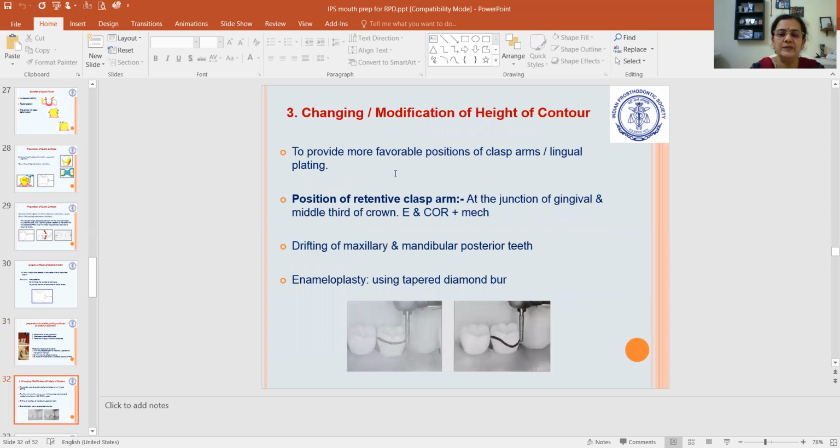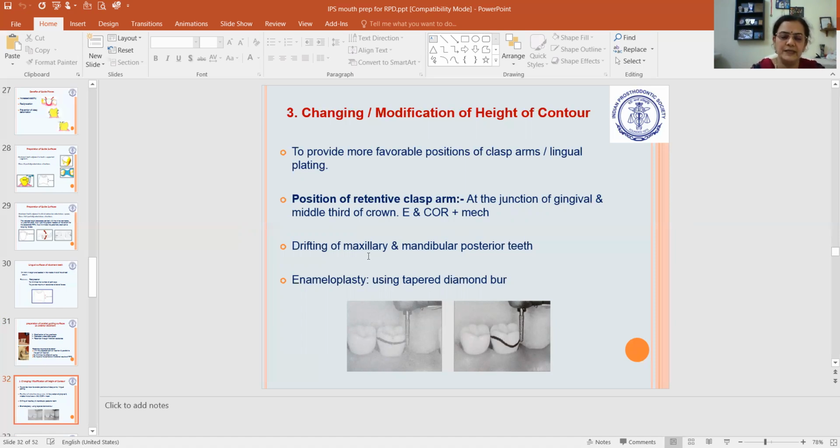Modification of the height of contour. They are used to provide favorable positions of the clasp or lingual plating. Position of the retentive clasp arm at the junction of the gingival and middle third is very important. Generally there is drifting of the maxillary teeth on the buccal surface and mandibular teeth on the lingual surface, so that may affect the actual height of contour.